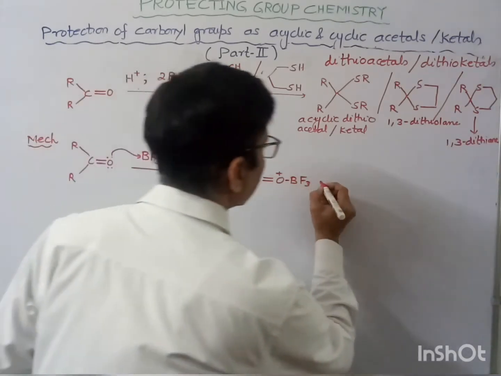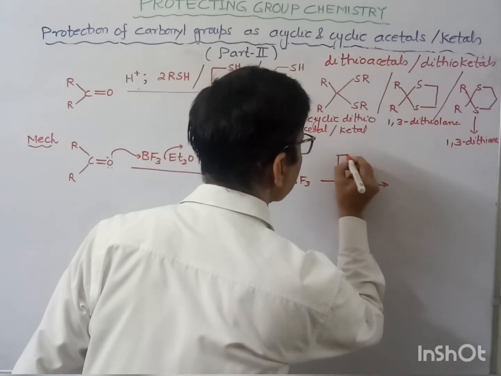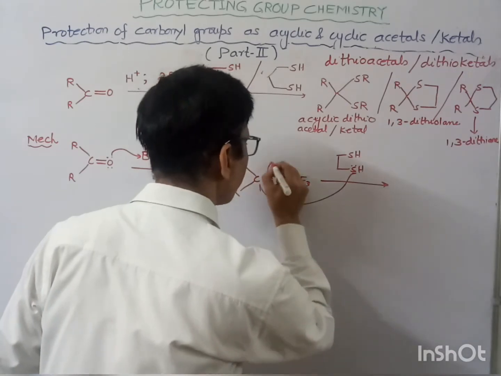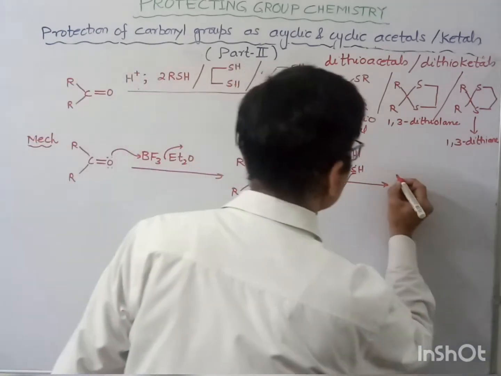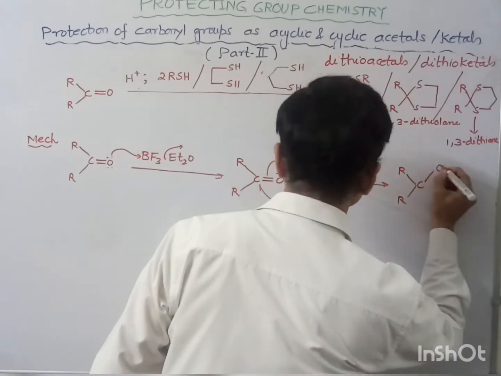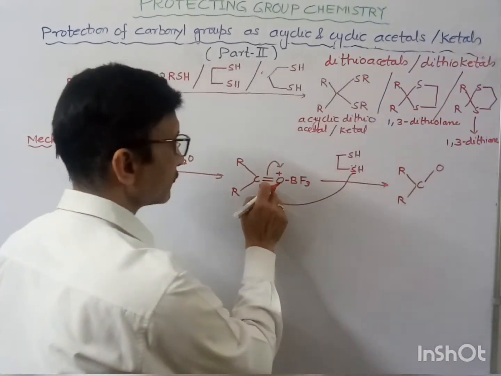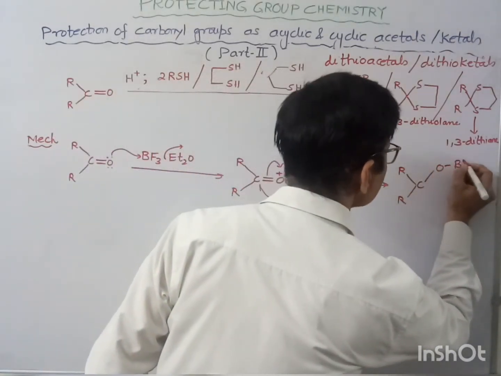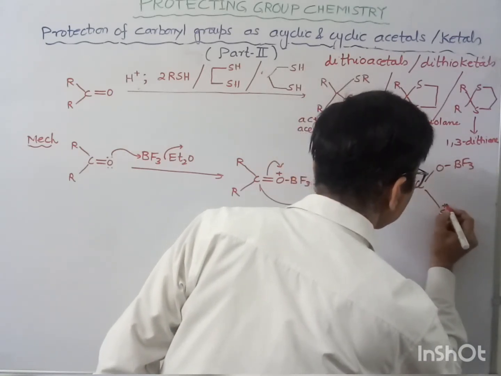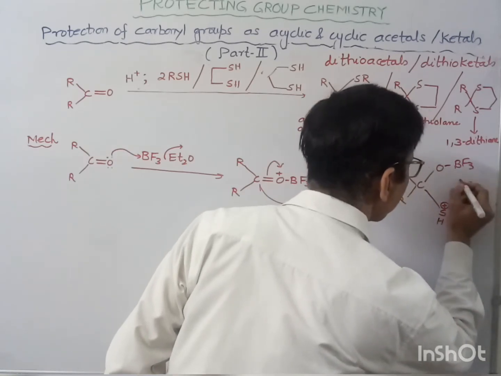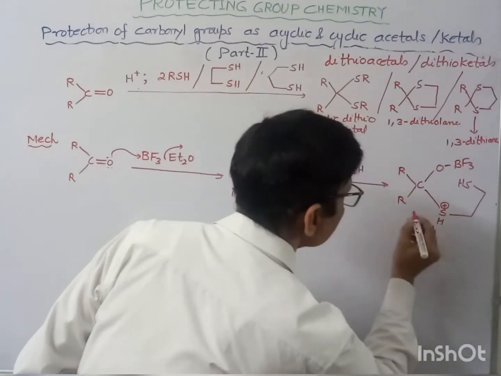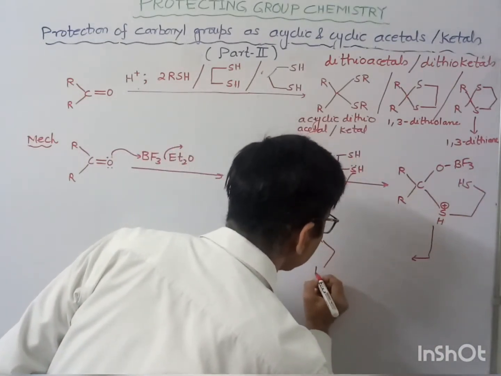Now in the next step, suppose we have a dithiol. This double bond is converted into a single bond to O, with BF3 attached. Now the next step is proton transfer.